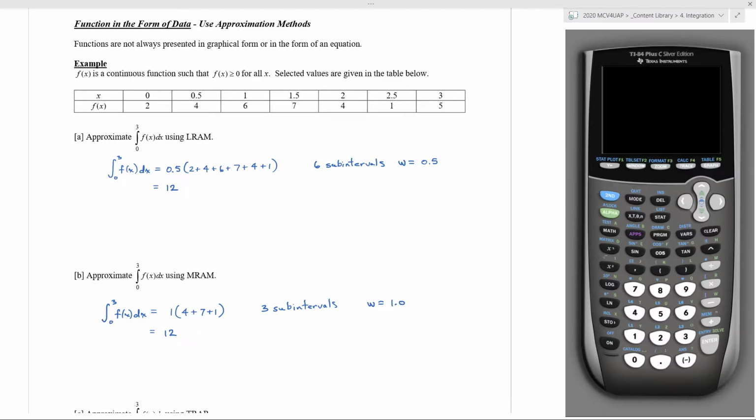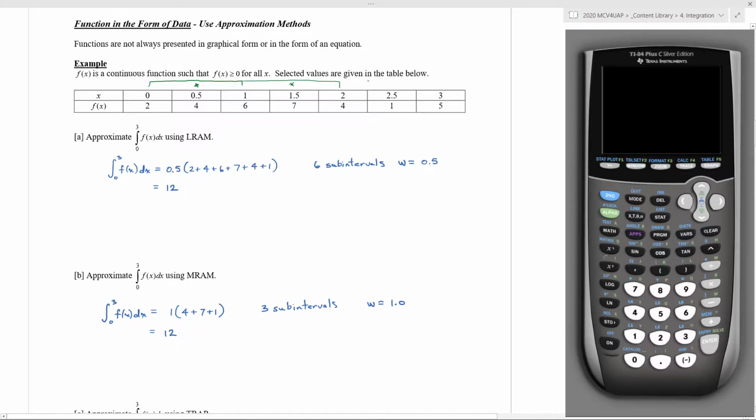Now the midpoint approximation, here we can't use 6 subintervals. We have to use 3 subintervals, okay, with the width of 1. And at 0.5, that would form the midpoint of this subinterval. And then x equals 1.5, that would be the midpoint of the second subinterval.